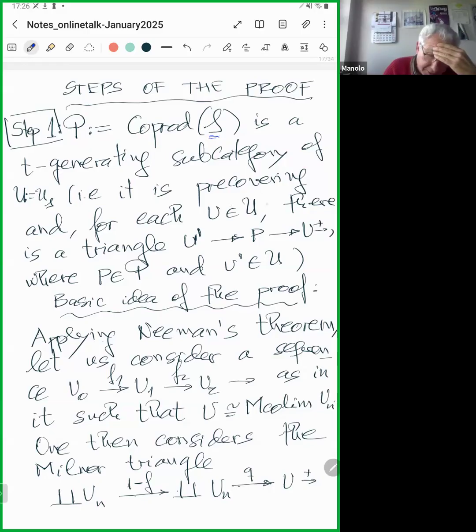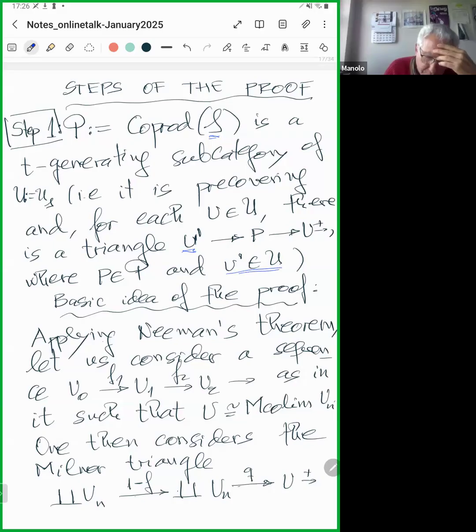It means that it is pre-covering. And in addition, for any object in U, you have a morphism from some object in P such that the cocone, this is the important thing, is again in U.